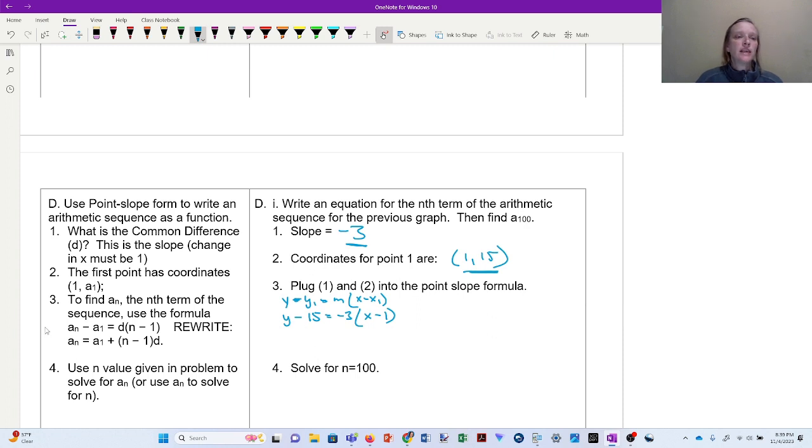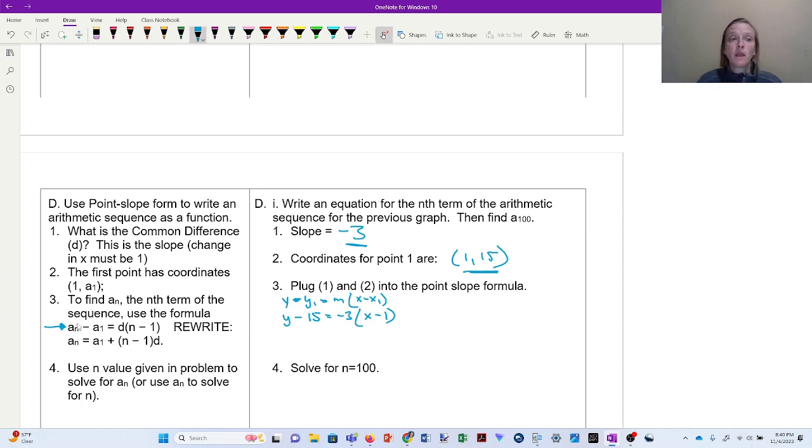You can see here that the equation that the textbook gives you uses different letters, but it's exactly the same formula. There's not actually a need to memorize a new formula here if you remember the point-slope formula that we learned before.